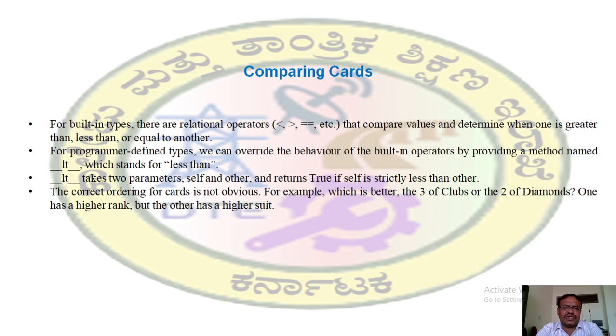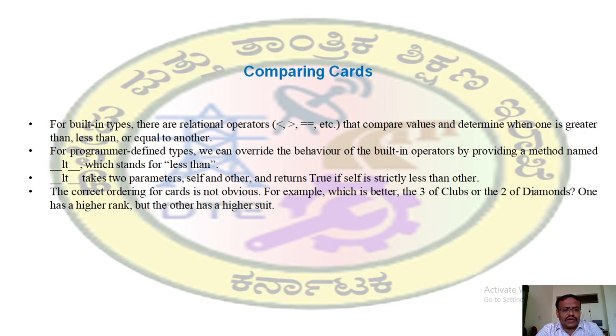They are all called relational operators, and they are basically used to compare one value with another, whether the first value is greater than, lesser than, equal to or not equal to, and so on.